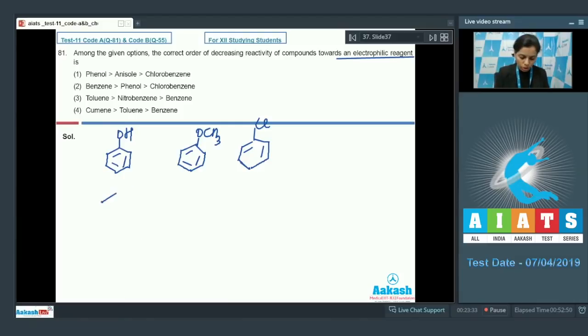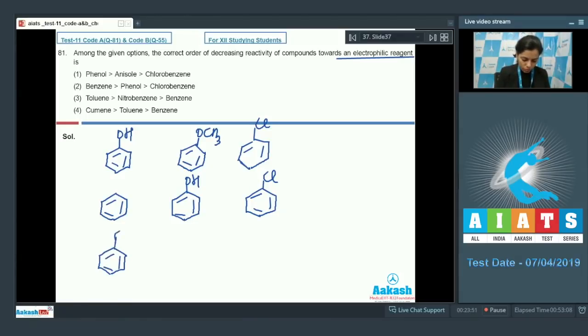Further, if I talk about the next option, benzene we have, further phenol this way, and after that there is chlorobenzene this way. Further, next one is toluene. This is toluene, then nitrobenzene, and after that there is simply benzene.